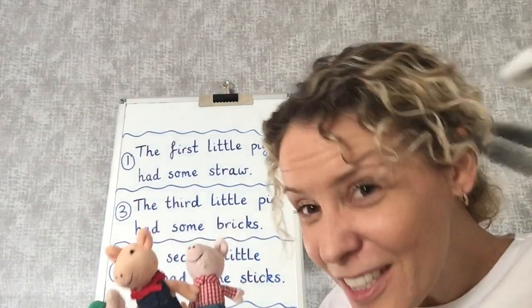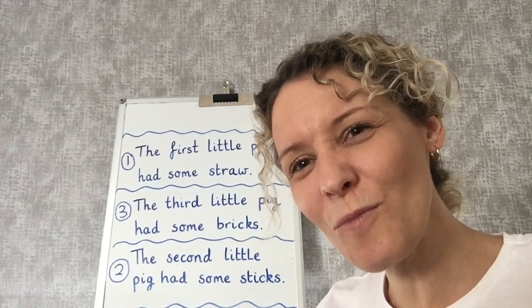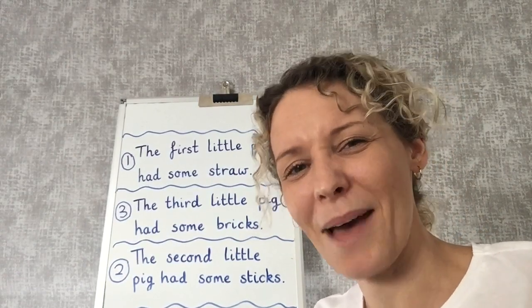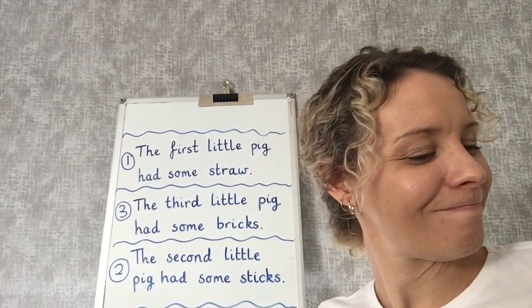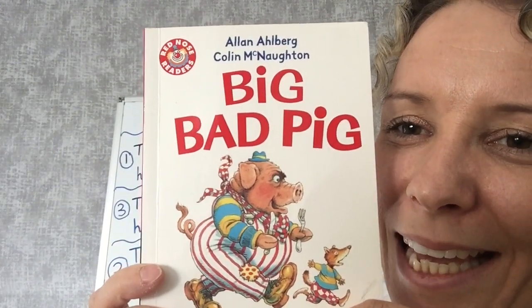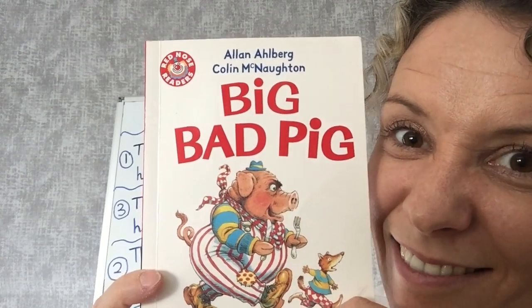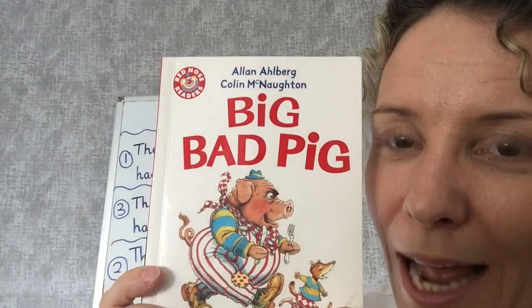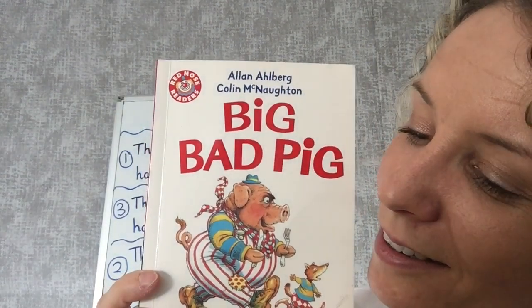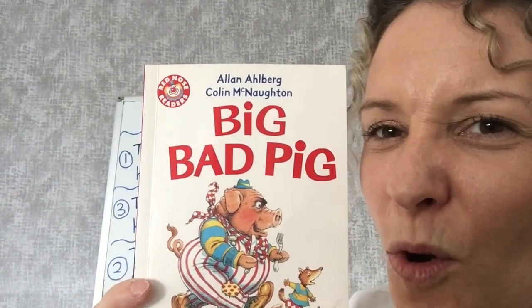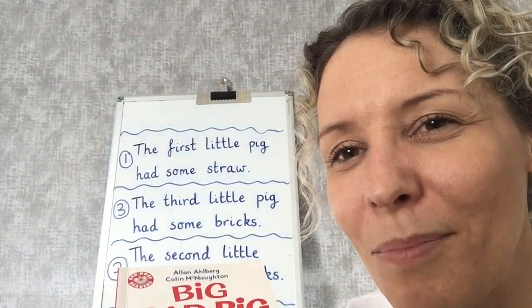But what if it wasn't a big bad wolf? What if it was a big bad pig? What would happen then? The wolf says, I'll huff and I'll puff and I'll blow your house down.